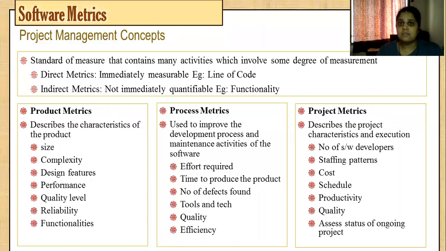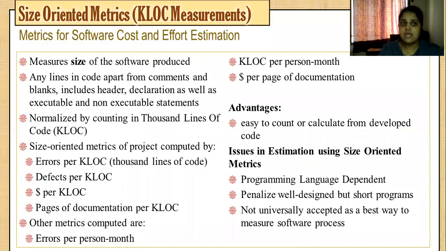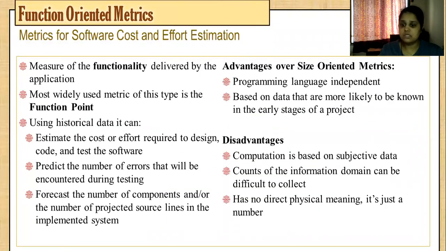And software metrics helps you when you want to measure your software, like you have units of measuring of weight in terms of kgs. You measure software in terms of software metrics. So today we will see two types of software metrics, that is size oriented and function oriented metrics.